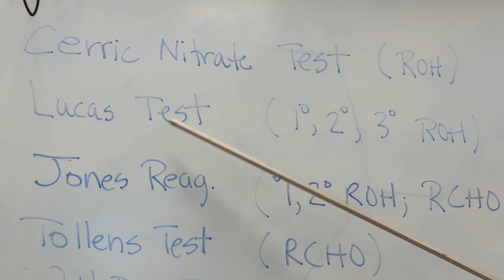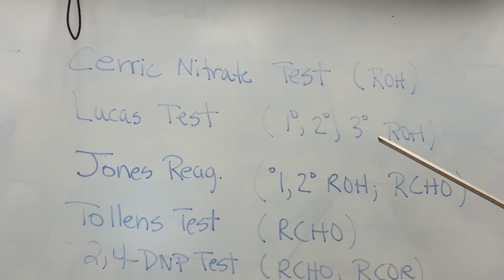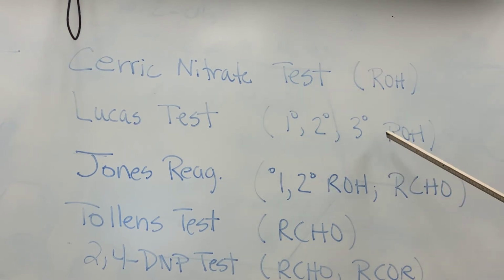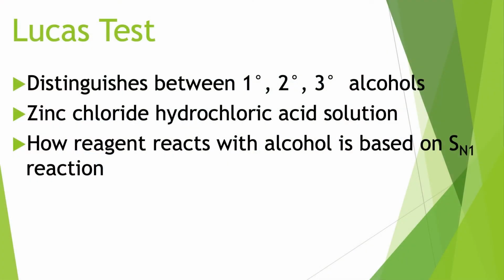There's another test, the Lucas test, that can hopefully distinguish between primary, secondary, and tertiary alcohols. The reagent is a zinc chloride hydrochloric acid solution. And the mechanism of how that reagent reacts with these different classes of alcohols is based on an SN1 reaction.